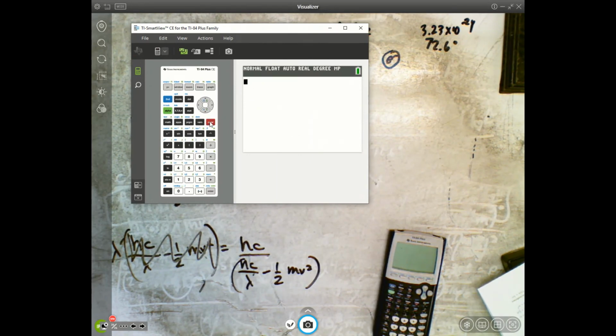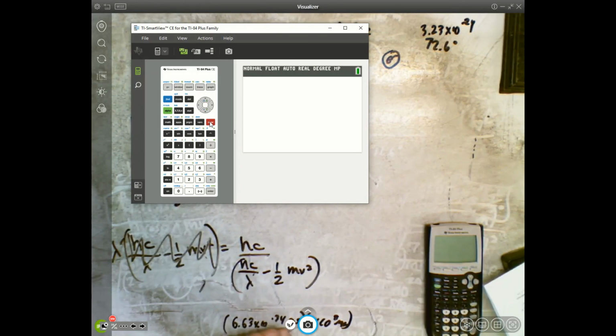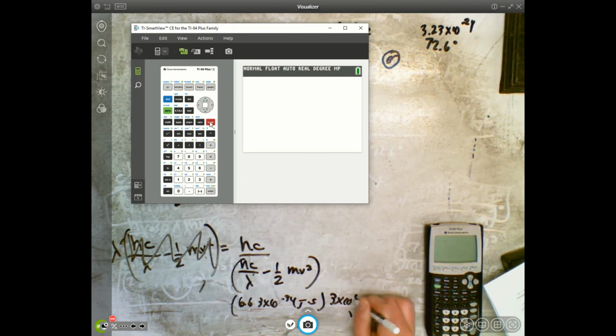Or I should put the numbers down for your sake. So we get 6.63 times 10 to the negative 34 joule seconds, speed of light, divided by, oh, I ran out of room. Let me start up a little bit higher. 6.63 times 10 to the negative 34 joule seconds, speed of light, divided by 6.63 times 10 to the negative 34 joule seconds, speed of light.